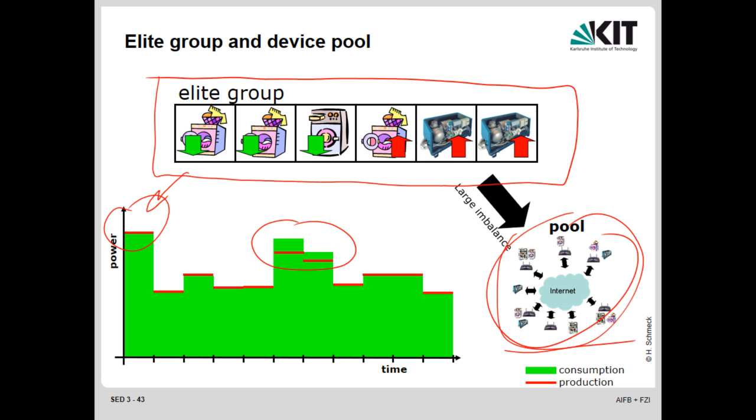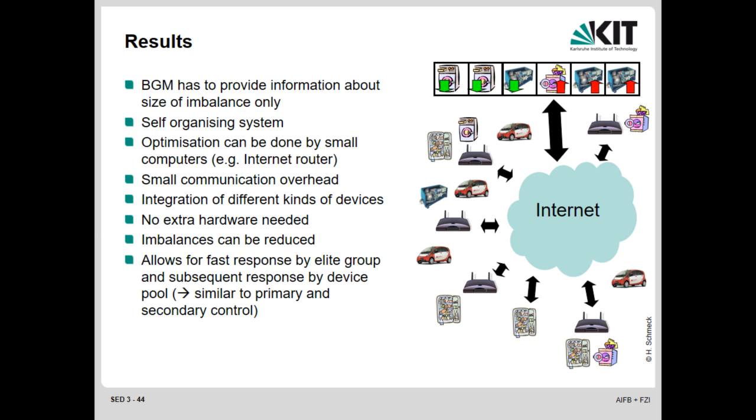So this is again showing some animation of how they respond. So this is what's happening if you have the elite group. The balancing group manager now has to provide information about the size of the imbalance only.